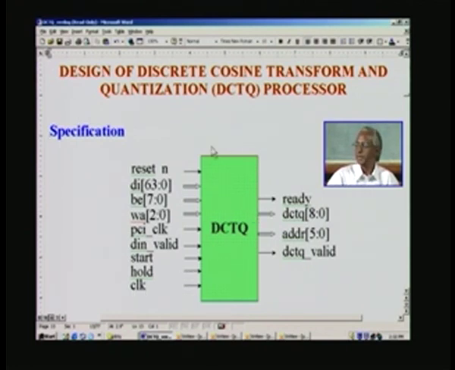When the DCTQ is ready to accept input, it will be indicated by an output signal called ready. The actual DCTQ output after evaluation will be output here; it is a 9-bit output, signed, in 2's complement. This is as per the requirements of the JPEG MPEG standards.